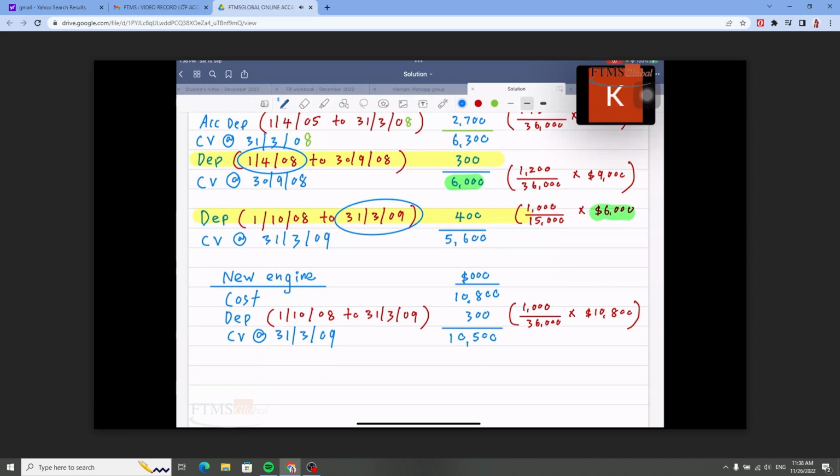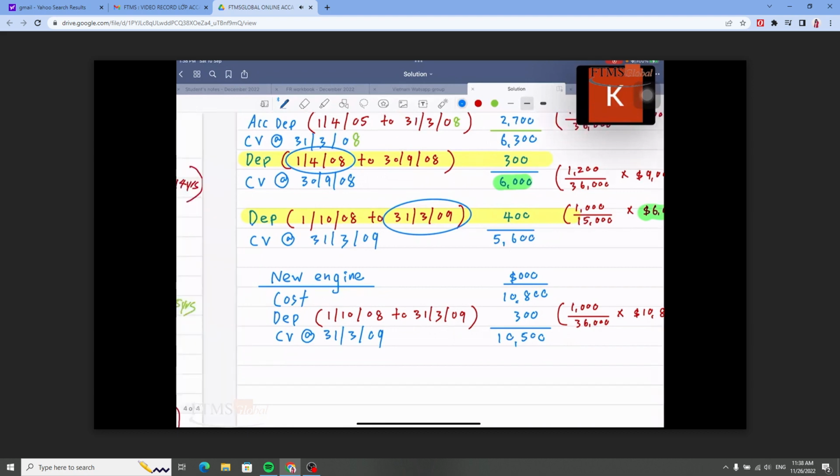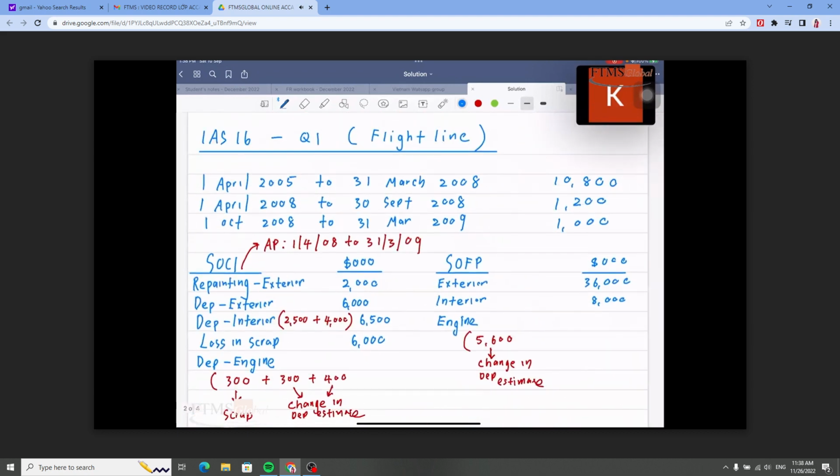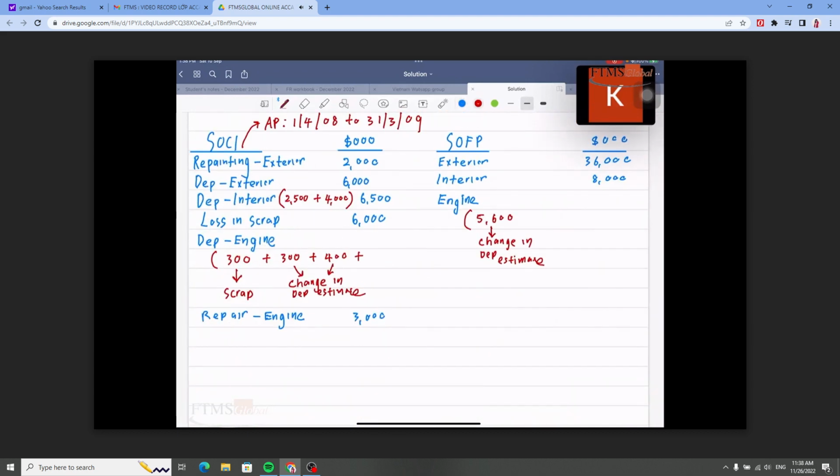Then you can update your SOCI and your SOFP, right? So SOCI, I only have one number, depreciation, 300. Then SOFP, I have one number, 10,500. Okay, so let's update. Here, plus 300. So 300 is the last one called new engine. Then that's it. I can close my bracket.